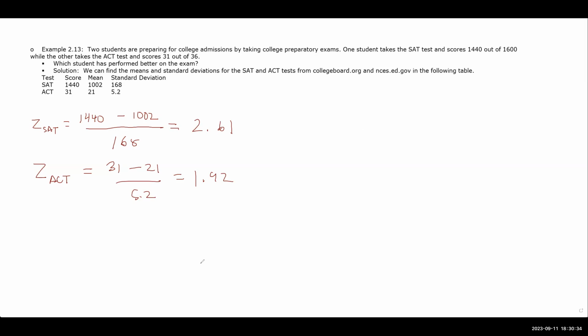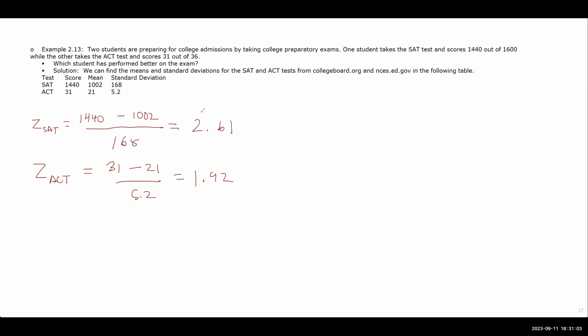So what we see here is both of them are positive. Both the z-score for the SAT student and the z-score for the ACT student are positive. So that means that both 1440 and 31 are higher than the mean.